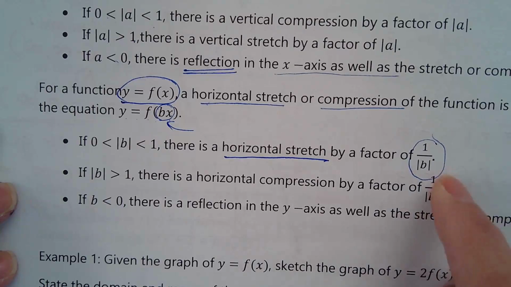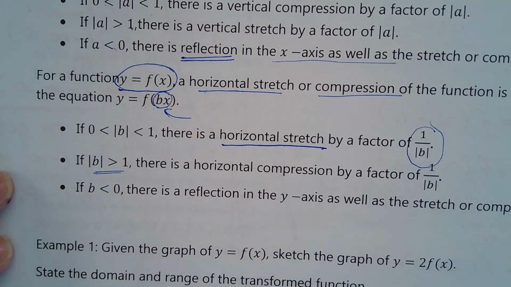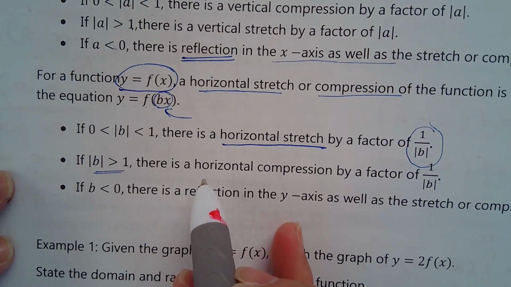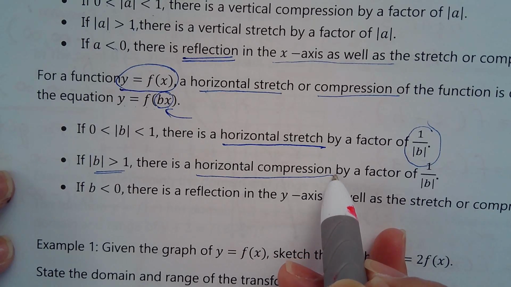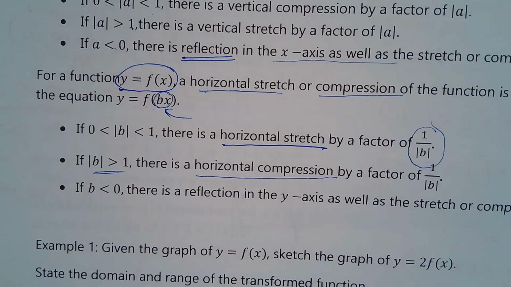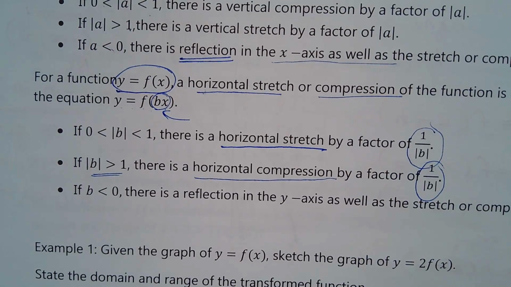I'm going to summarize this in a second. If b is greater than 1, for example 2, this is a horizontal compression. Now you're thinking, if it's greater than 1, it's going to get compressed. By how much? By a factor of 1 over b.